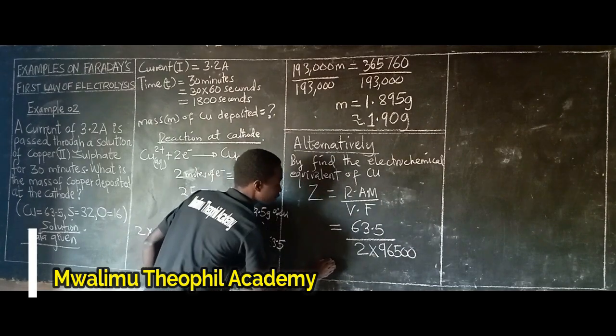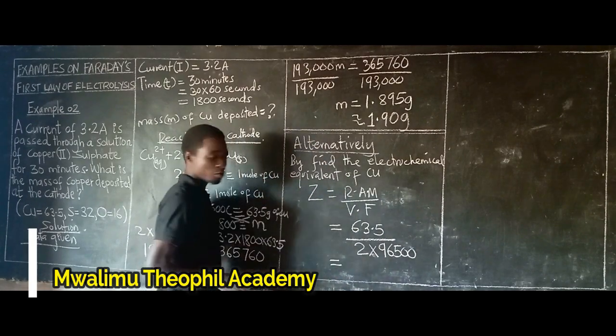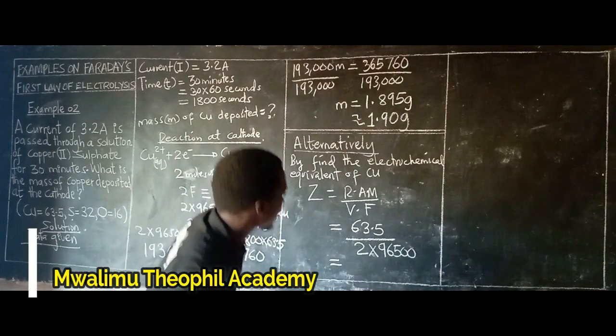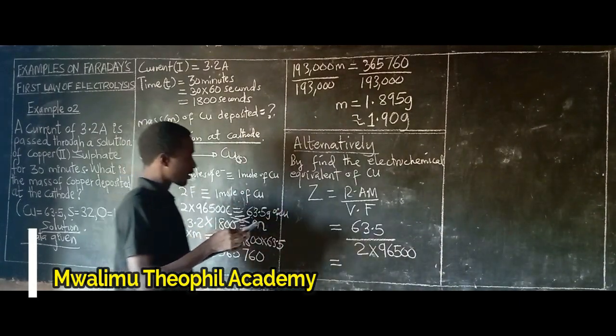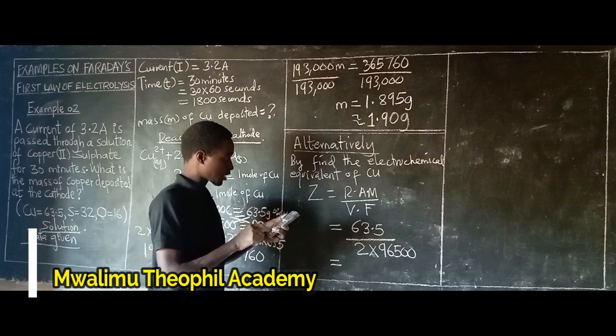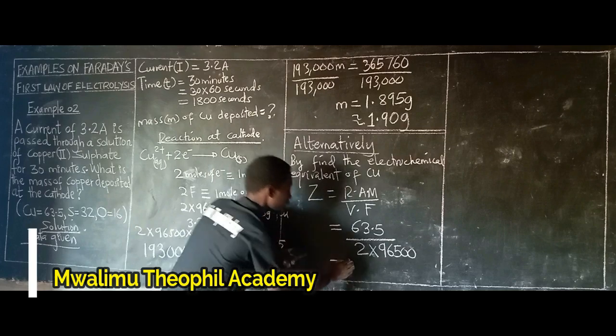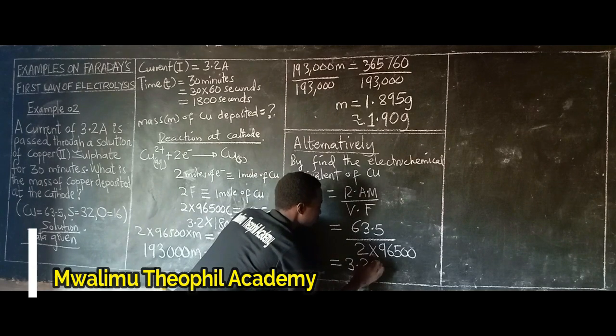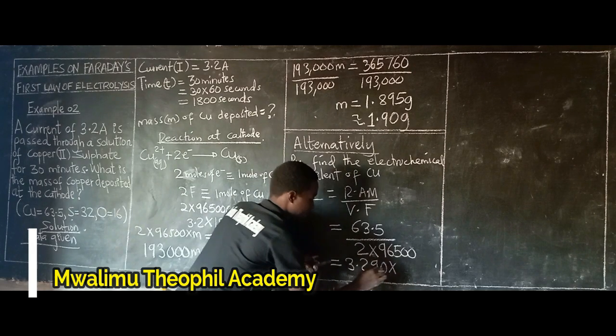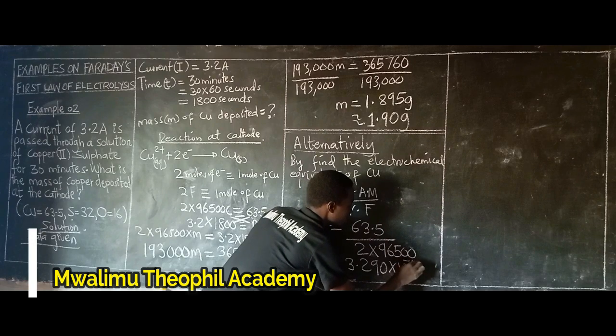Now let us divide so as to get the electrochemical equivalent of copper. Let us use a calculator to compute that. We have 63.5 over 2 times 96,500. The answer which we get here is 3.290 times 10 raised to negative 4.